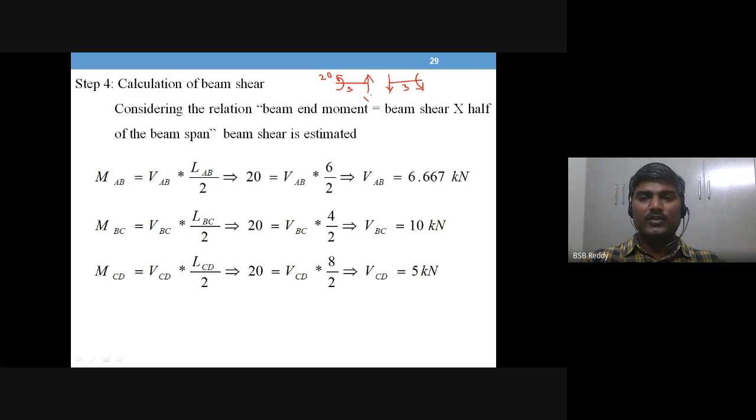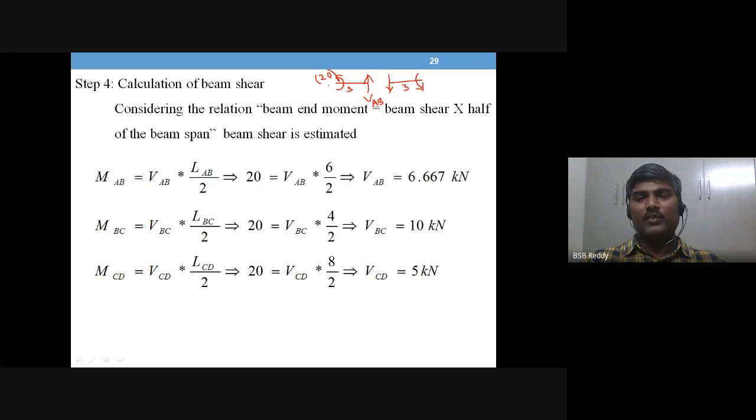This is the shear force in beam AB. You don't have any gravity load to generate shear, so only the end moment is the reason for the development of shear. If you see the sum of all forces to the left or right, there is no force at all, only moments. Shear will only depend on the bending moment already developed.